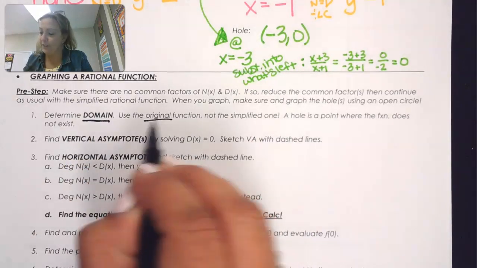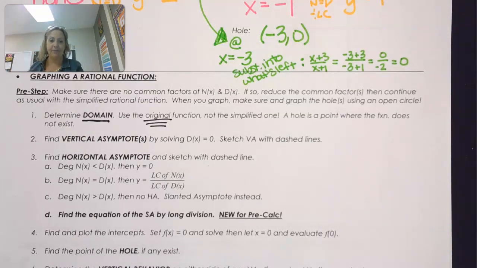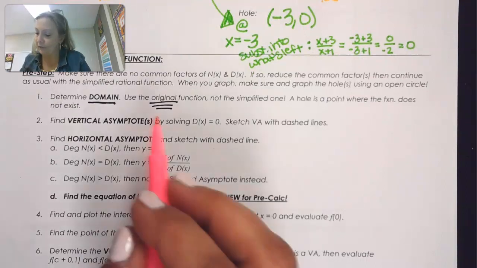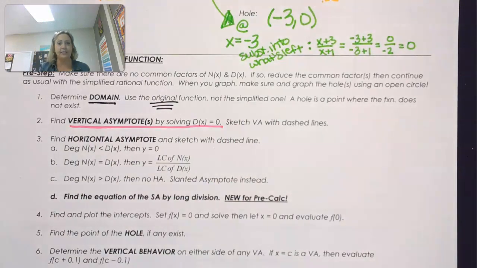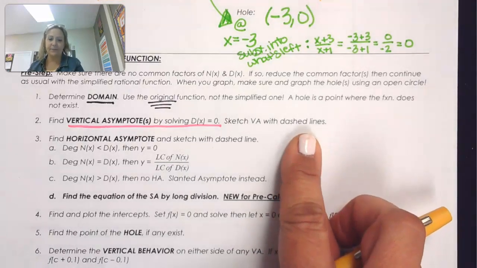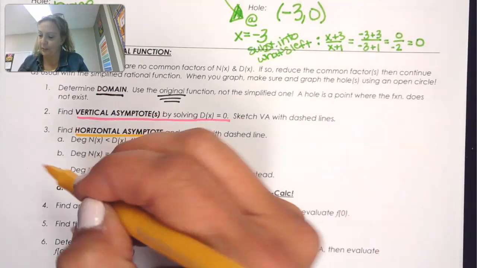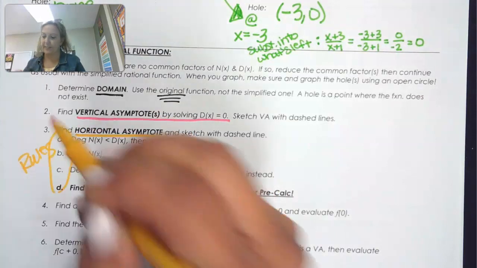Remember that we have to use the original function, consider the entire denominator, not just the simplified one, okay? The next thing we'll do, just like we did before, is find our vertical asymptotes by finding when our denominator is equal to 0. And I do want you to sketch it with dashed lines. Okay? We'll find the horizontal asymptote with those rules that we just discussed.